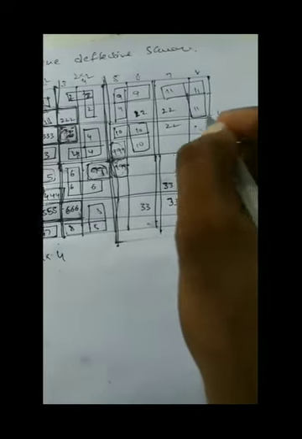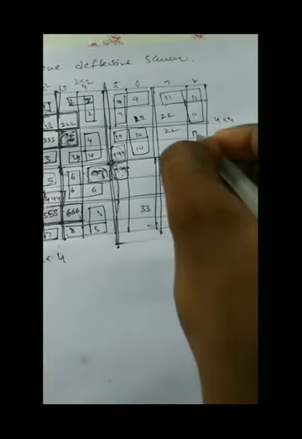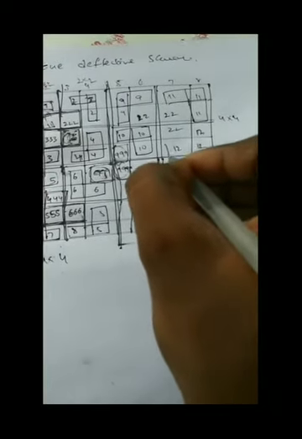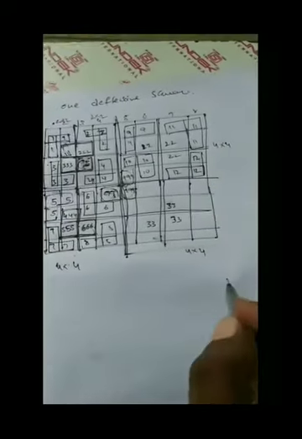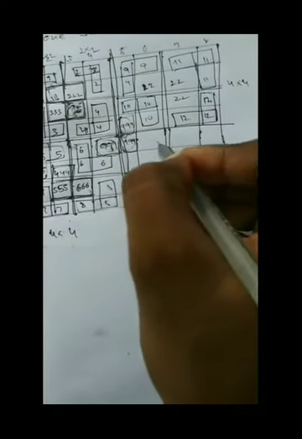In the tiling process, whatever undefective squares are identified, we use the triomino tiling process.